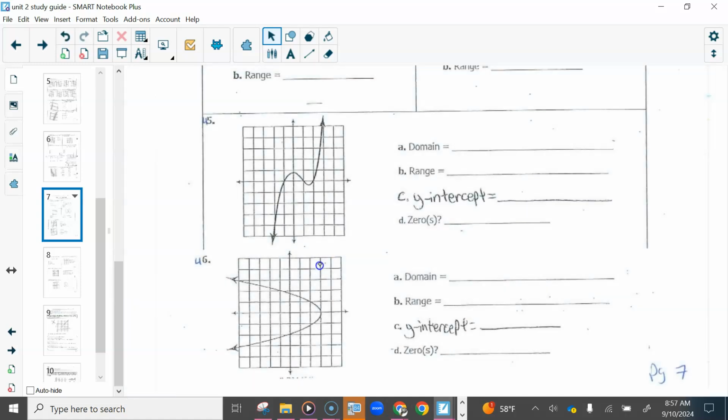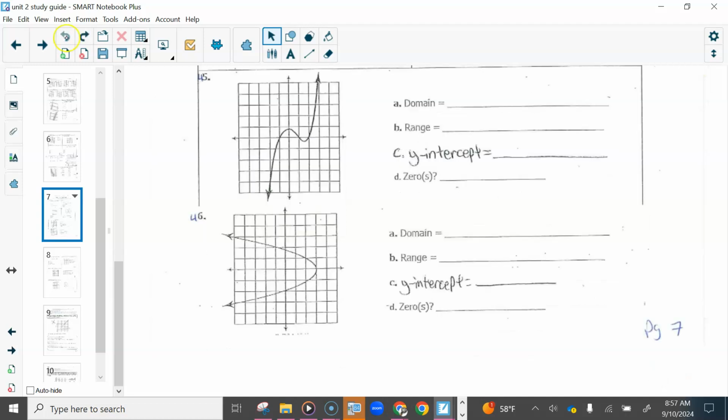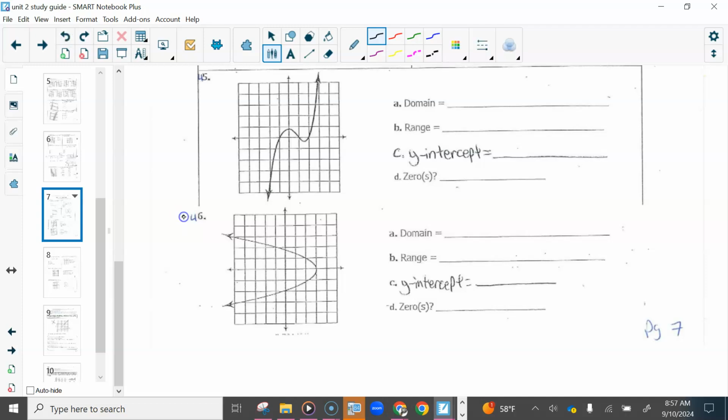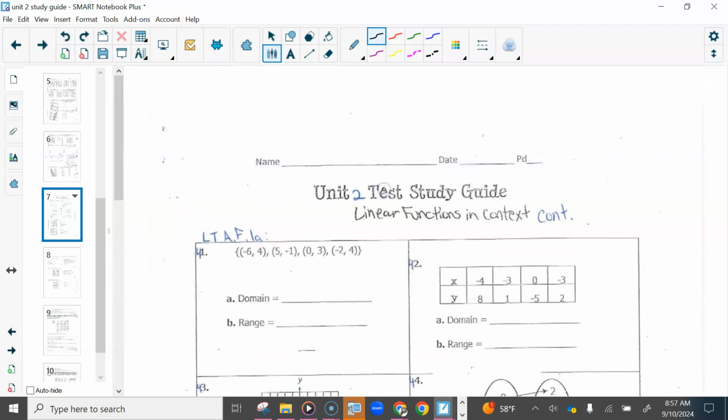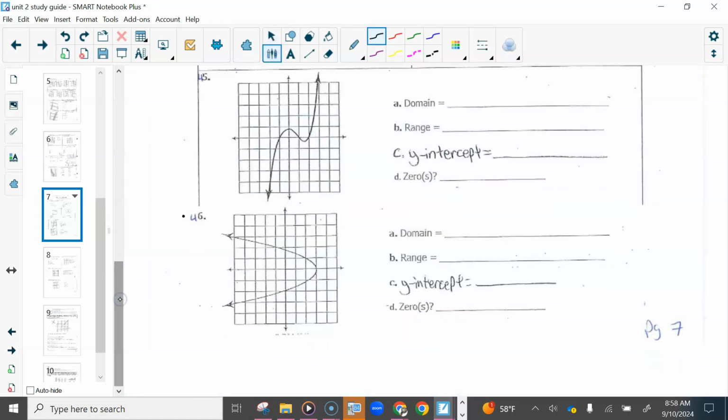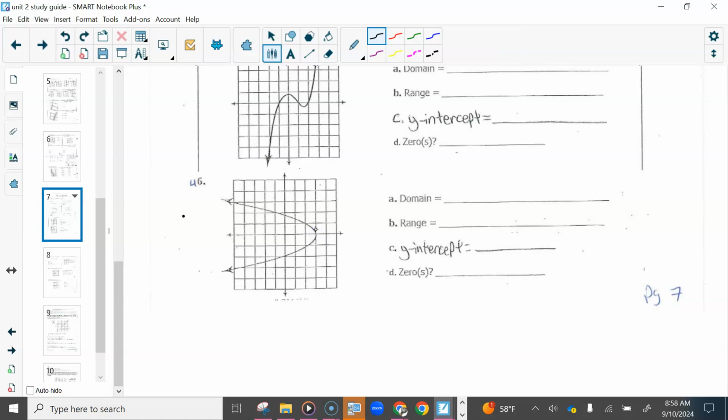It does not go past 3. At 3, yes. So it's not going to go past that.